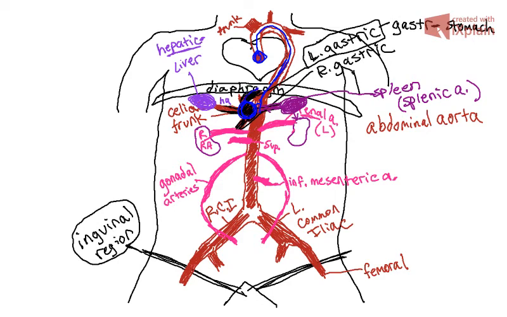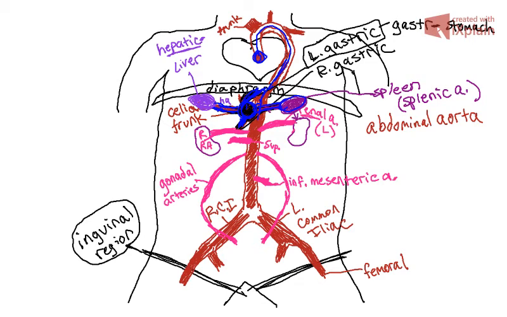Off of the celiac trunk, this top one is the left gastric. It goes to the stomach. The bottom one that we're not going to see on the model is the right gastric. It also goes to the stomach. The one on the patient's right goes to the liver, so that's the hepatic artery. And the one on the patient's left goes to the spleen, so that's the splenic artery.